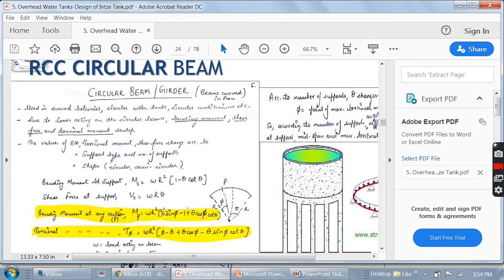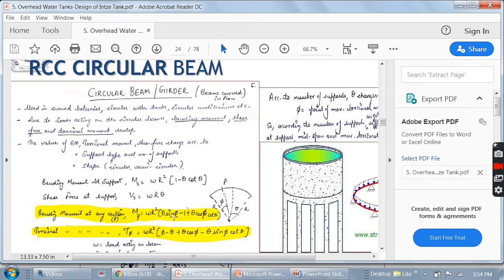Theta here we have 22.5 degrees, because right now I showed you the table. For number of supports 8, theta is 22.5 degrees. Now we will find out the bending moment at support and bending moment at midspan.